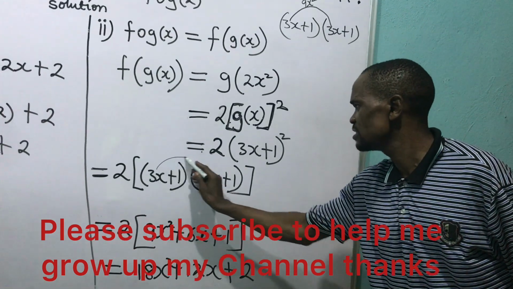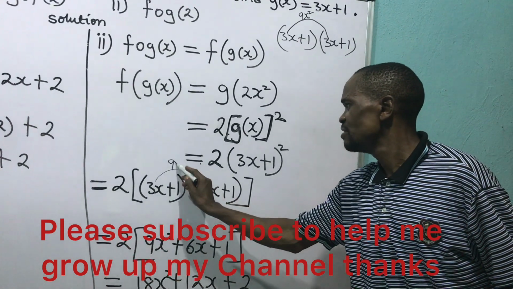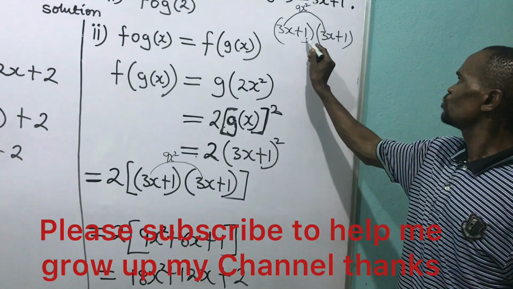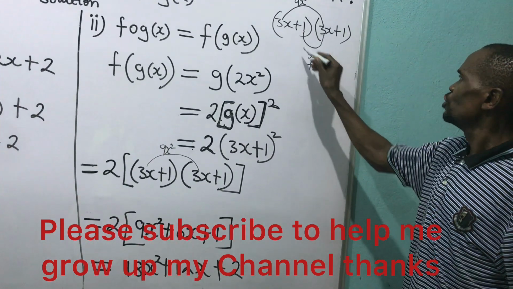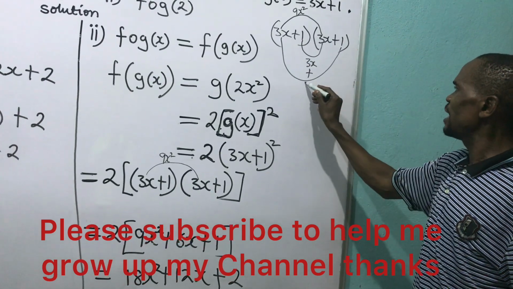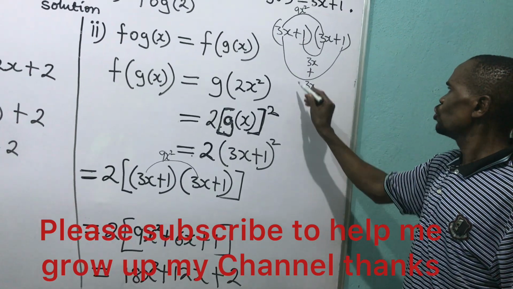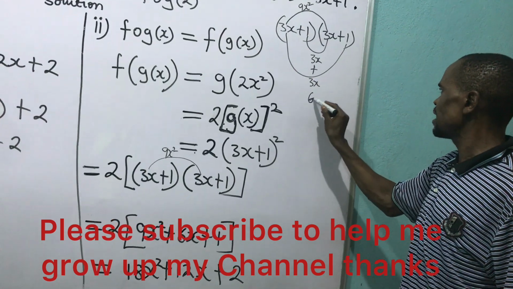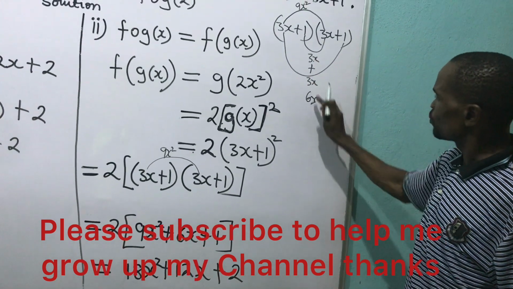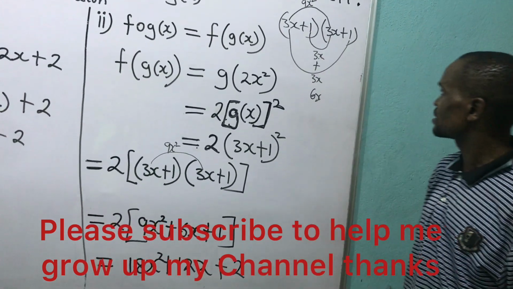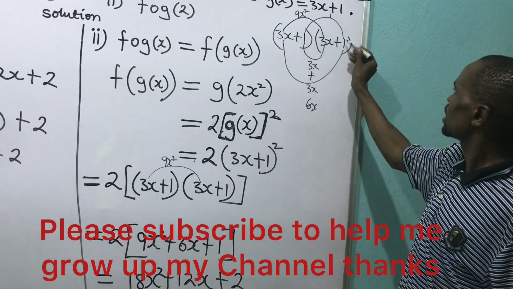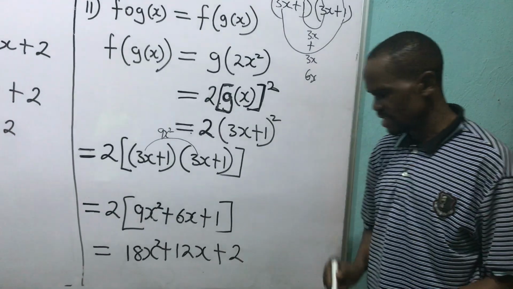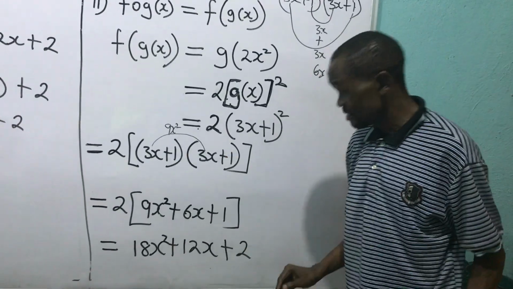The next one is this times this, which will give me 3x, plus this times this, which gives me again 3x, and the total is 6x. 3x plus 3x will give me 6x. Look at 6x here. Finally, 1 times 1 will give me 1. Look at the 1 here. And that's how I get it.